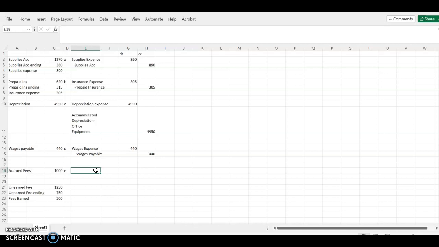Okay, so the accounts involved is accounts receivable. Accounts receivable 1000, credit fees earned 1000.